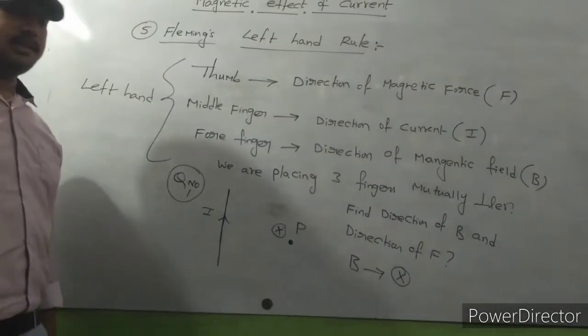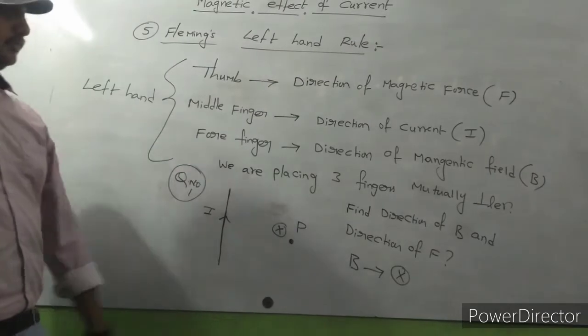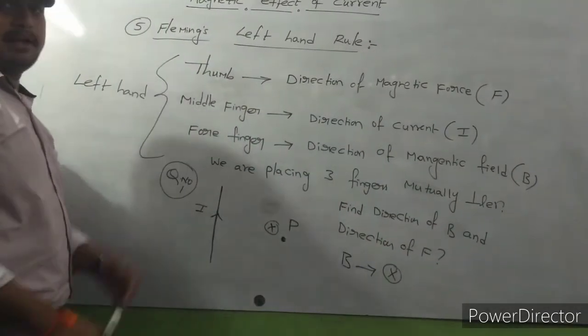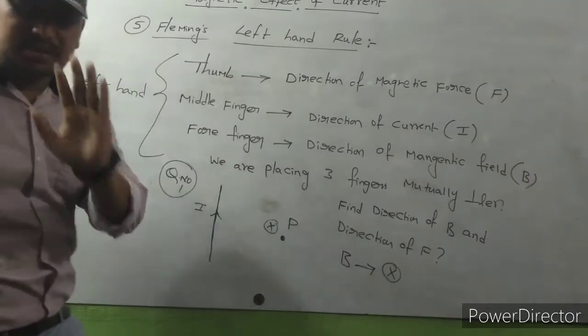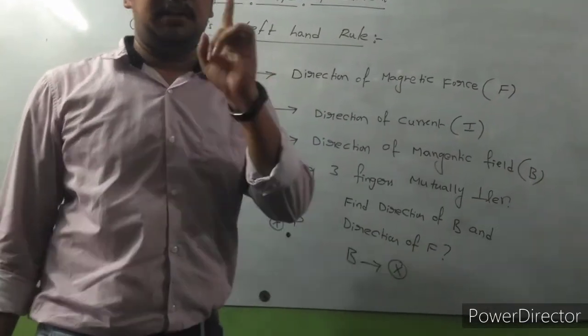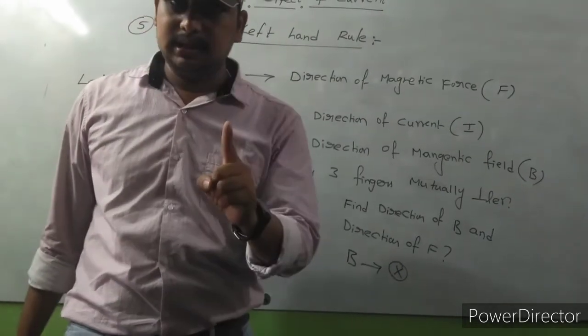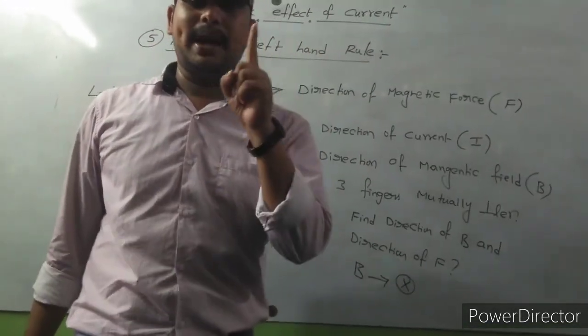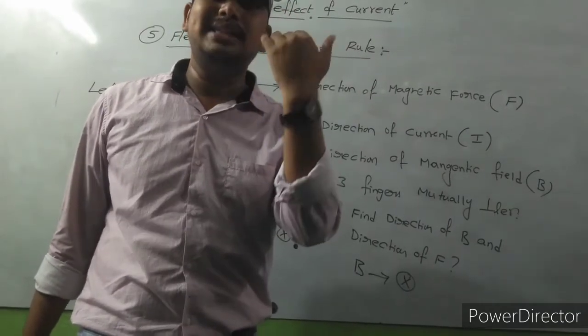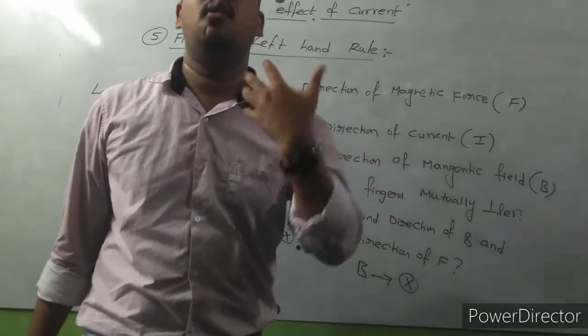And next, magnetic force direction. Direction of F means magnetic force. How is the magnetic force acting? My dear students, don't panic. Very, very easy concept. If you know the direction of current and the direction of magnetic field, then we can easily find the direction of magnetic force.